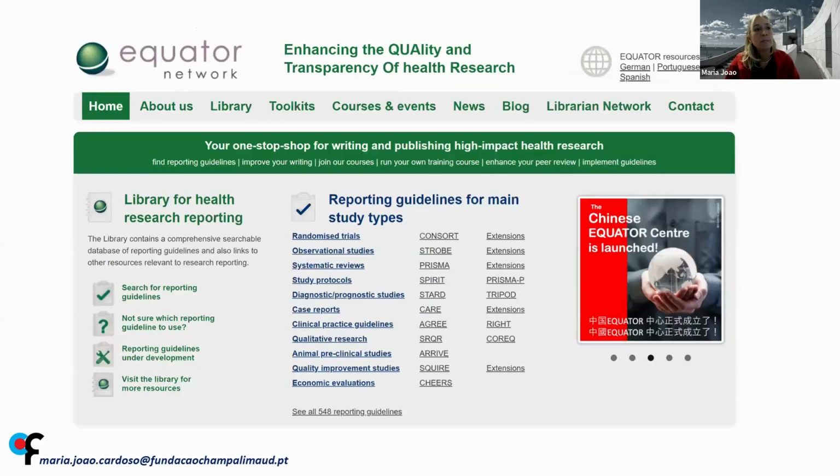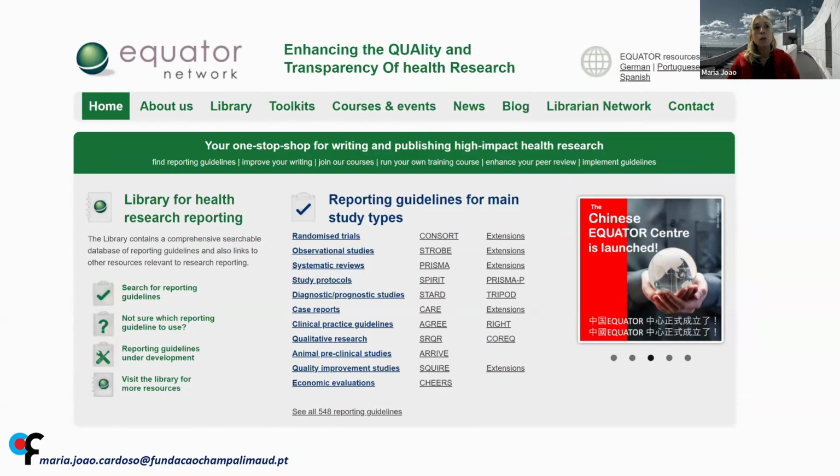The Equator has, of course, practical tools for every type of trial. So Wim talked a lot about randomized trials because, of course, everyone wants to publish a randomized trial and wants to lead research about randomized trials.